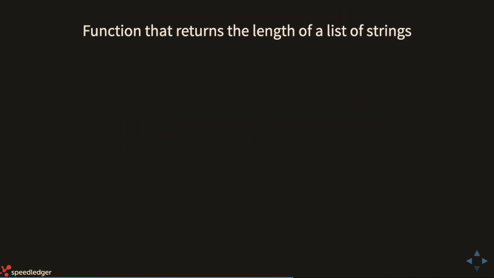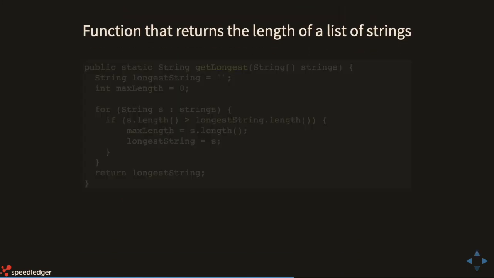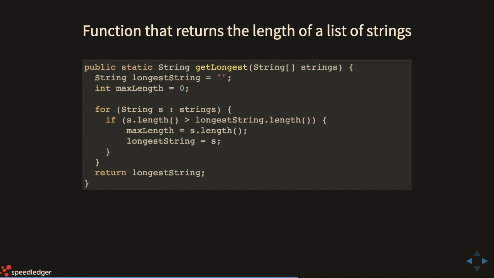So let's have a look at an old style Java function that returns the longest string. So we have a list of strings, and we want to find the longest one. And then we want to return that string. So we create a string, and we create a length, and then we iterate over each string.